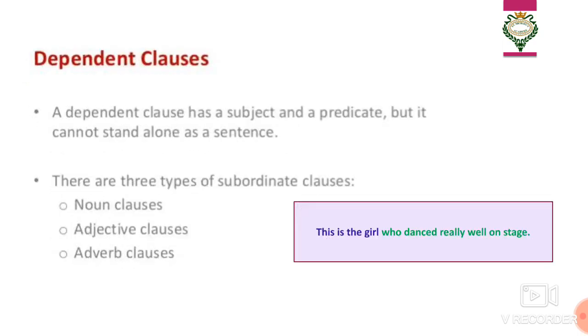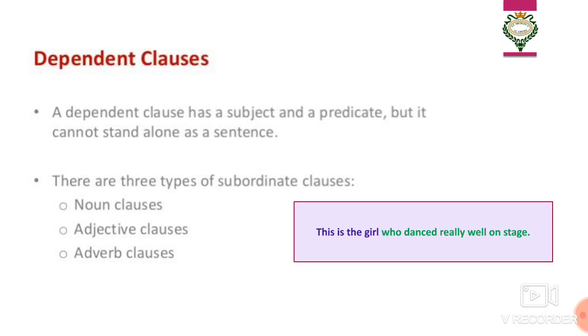Now, what is a dependent clause? A dependent clause has a subject and a verb, but it cannot stand alone as a sentence. It depends on another half of the sentence, that is a principal clause or a main clause.